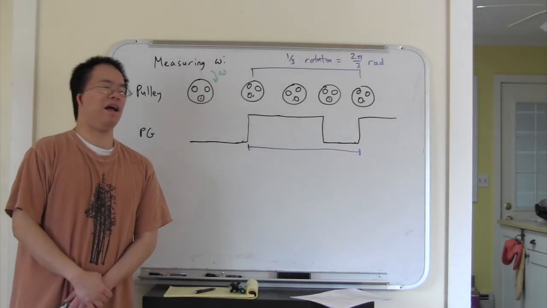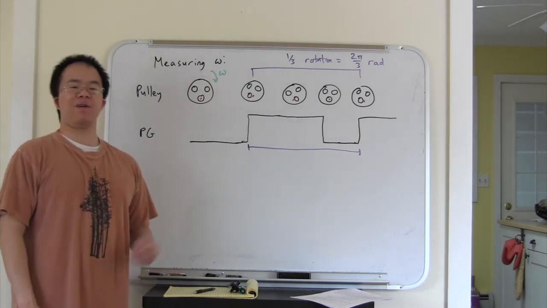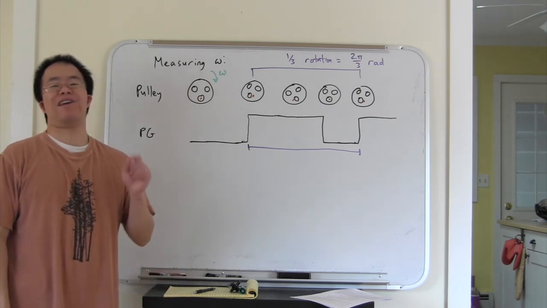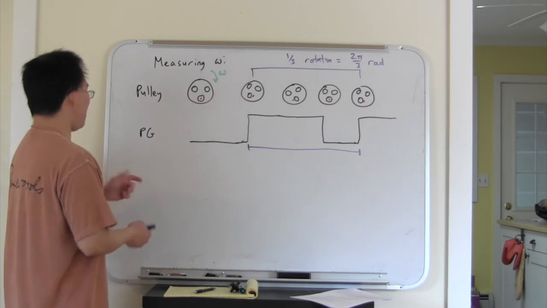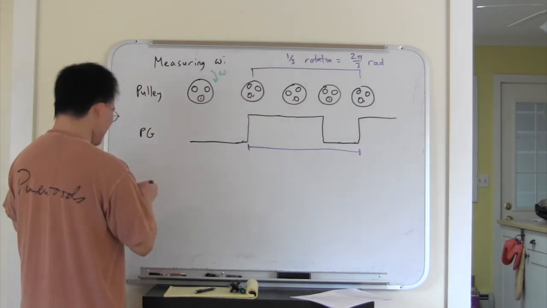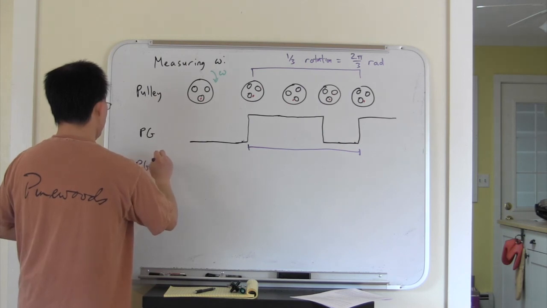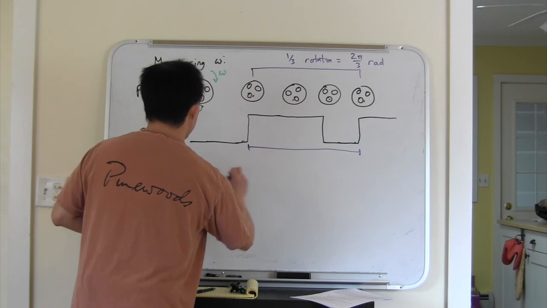So welcome back. Hopefully you had a chance to think about this, and maybe you're thinking, well, if I want to measure the time between 2 rising edges, I could just use a divide by 2 circuit. So if I do PG divided by 2, then I'm going to get the following.